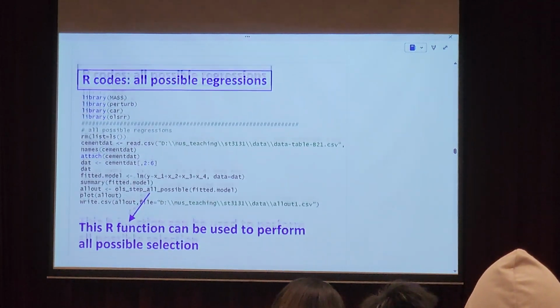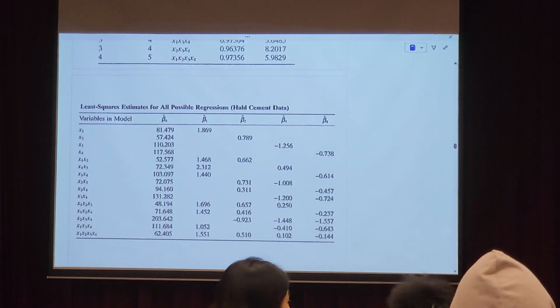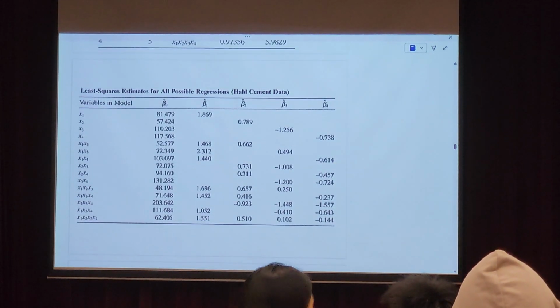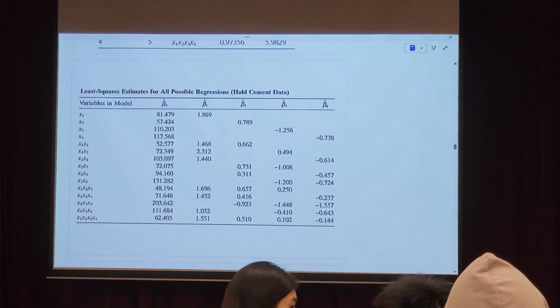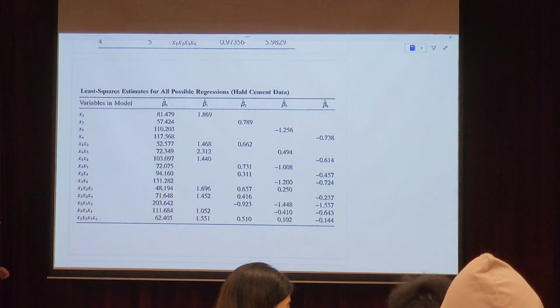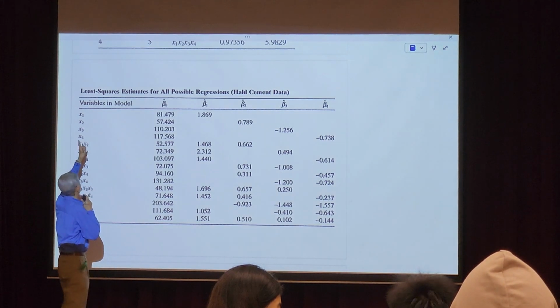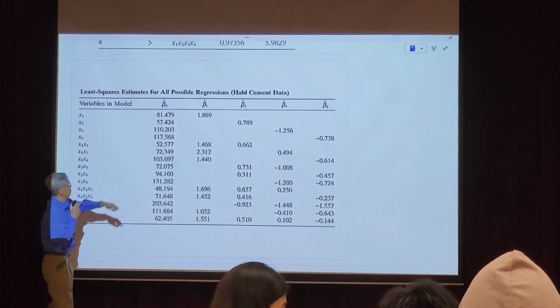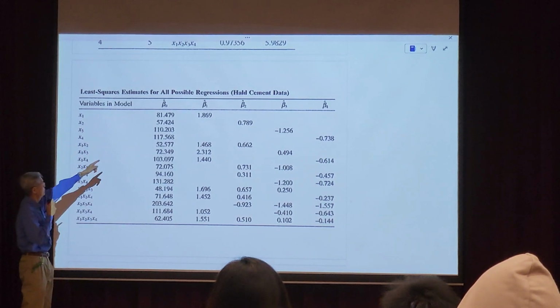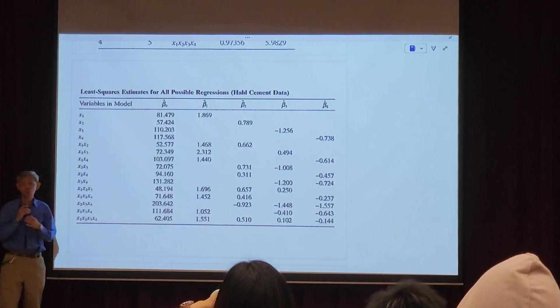Okay, the next page shows you all the regression coefficients. For the first one, you have beta naught and beta 1. For the second model, you have beta naught and beta 2.